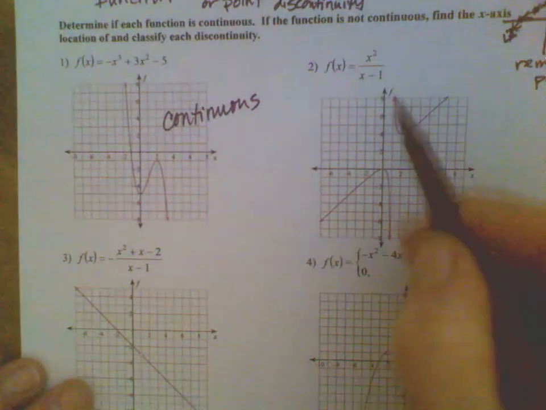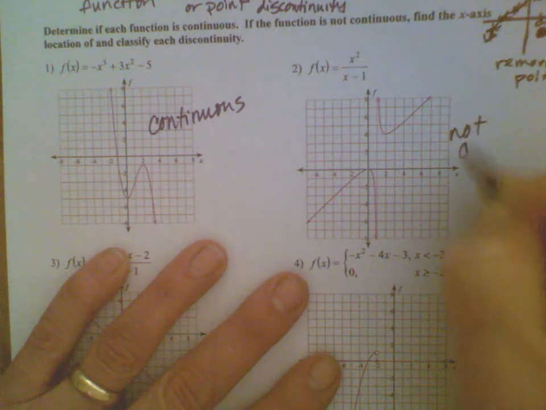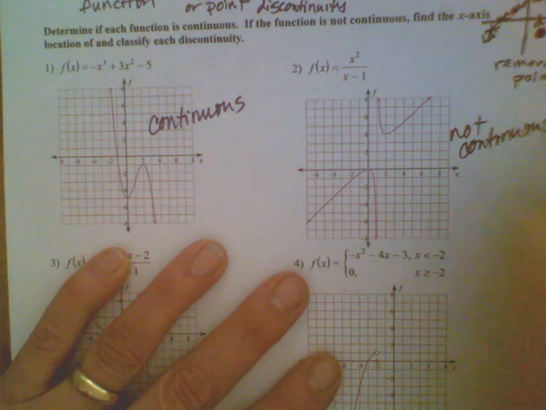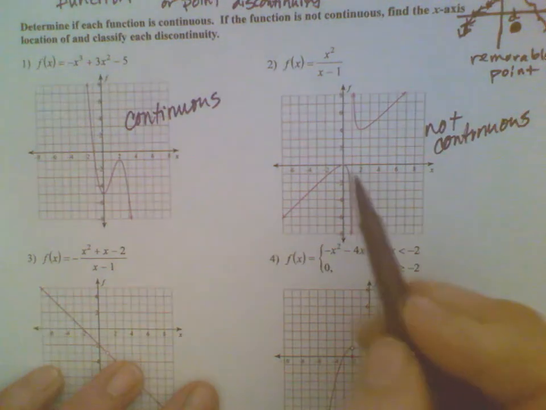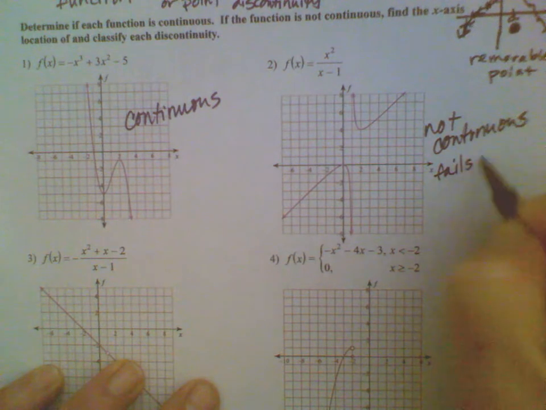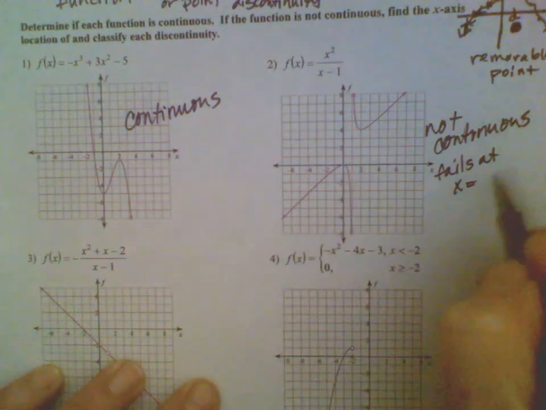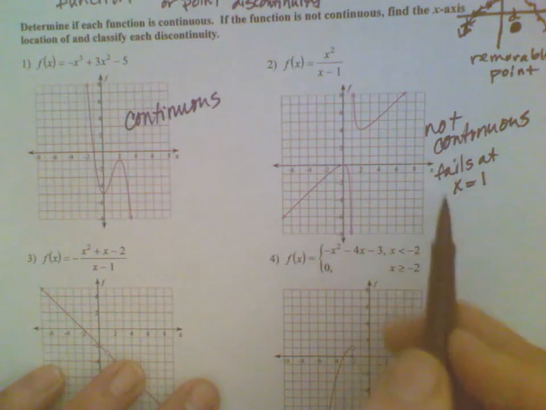So this is not continuous. Where does it fail to be continuous? It fails at x equals, right there, looks like x equals 1. That's where it fails. It's not continuous at x equals 1.